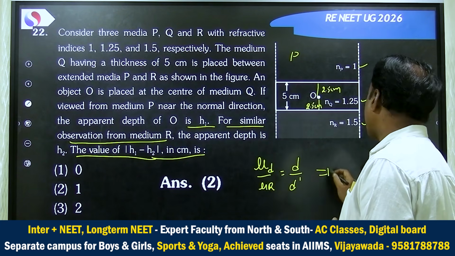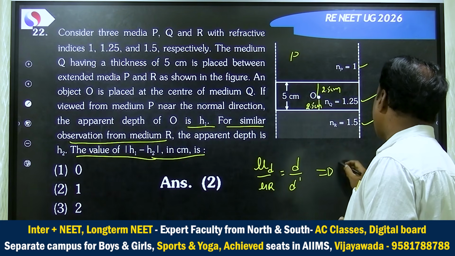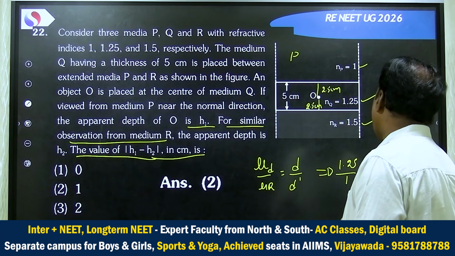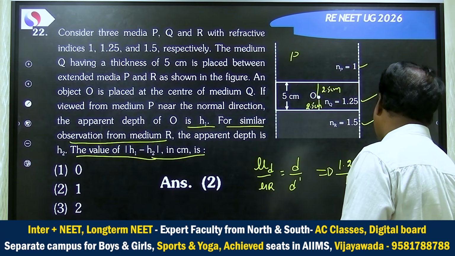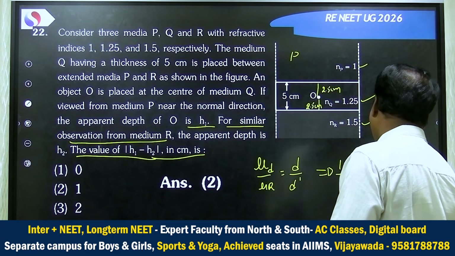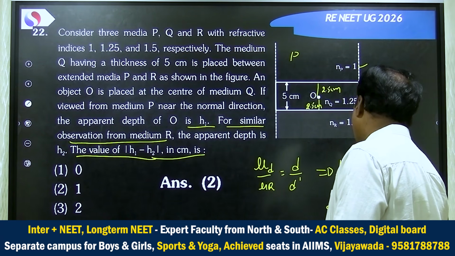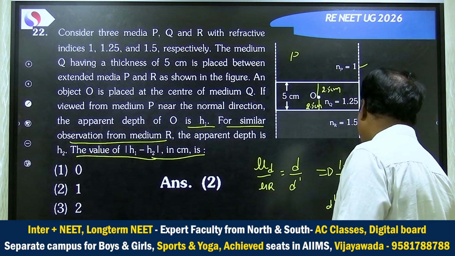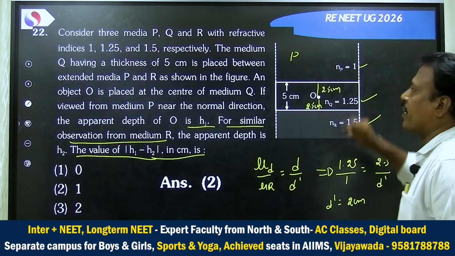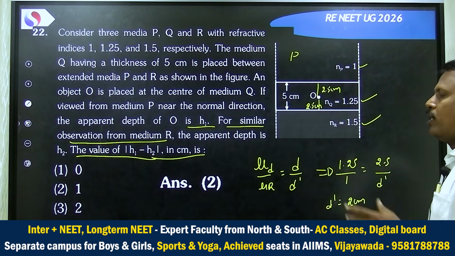Substitute the values. Mu of the denser here is 1.25, rarer is 1. D is the actual distance, which is 2.5, and D dash is the apparent one. So D dash, the apparent one, equals 2 centimeter. That means this object, when observed from P, looks like it is at a distance of 2 centimeter.